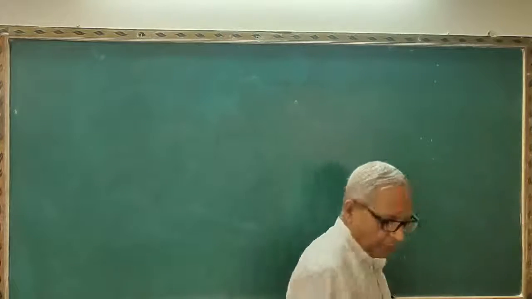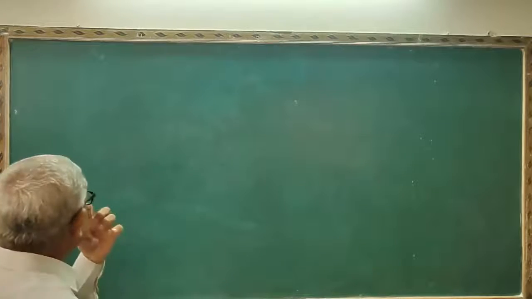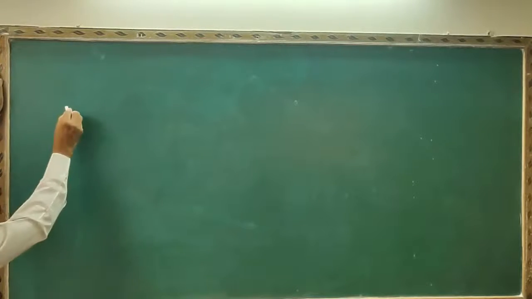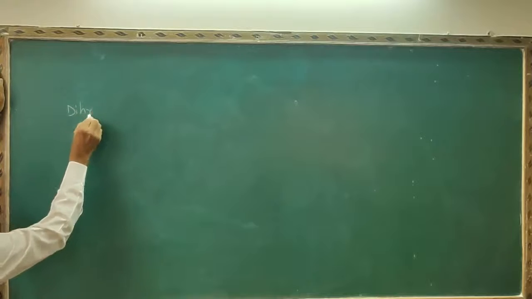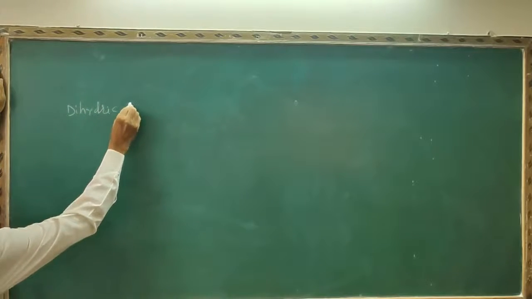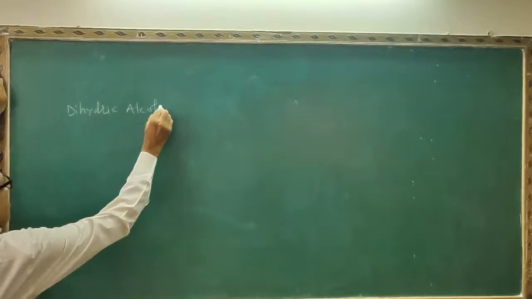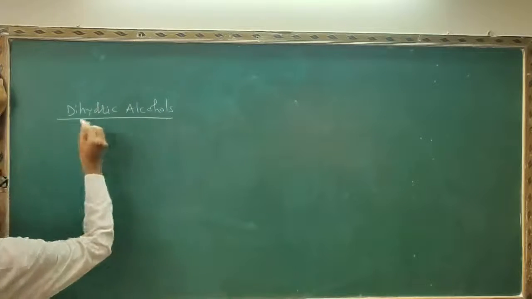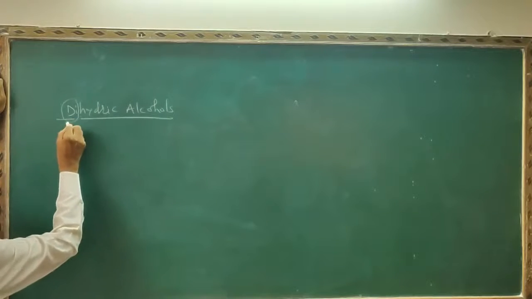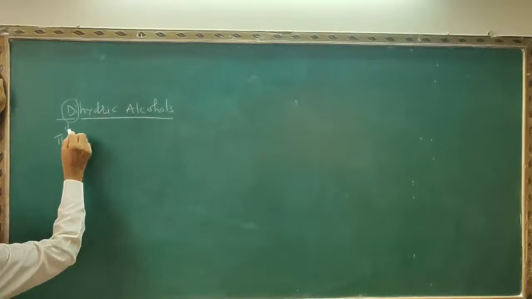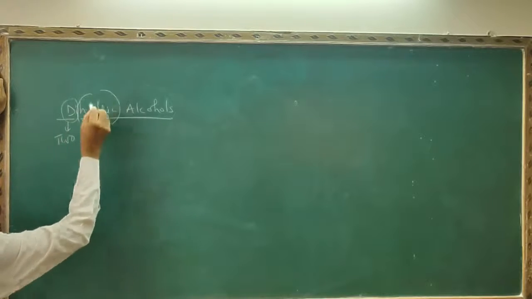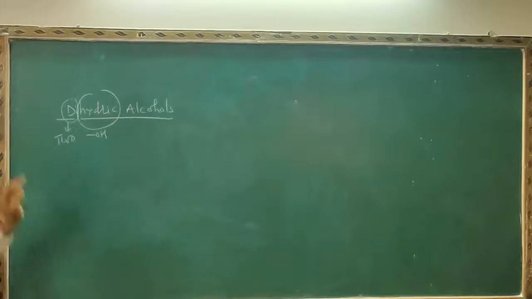Now I will start the next point of the classification, which is dihydric alcohols. See, the term di indicates two, and hydric indicates hydroxy group, that is, they will contain two OH groups.